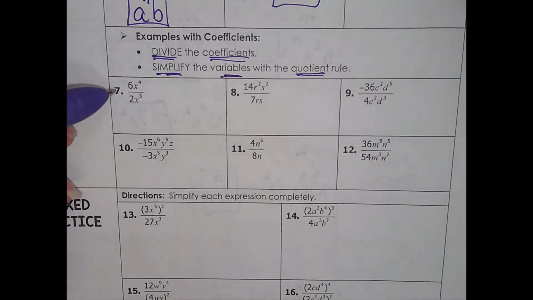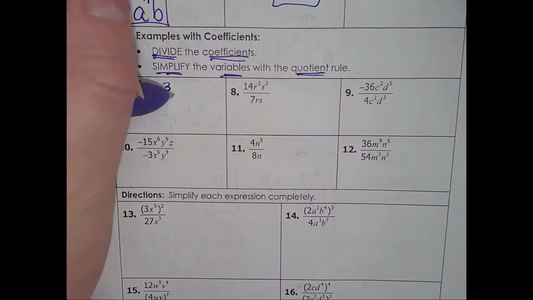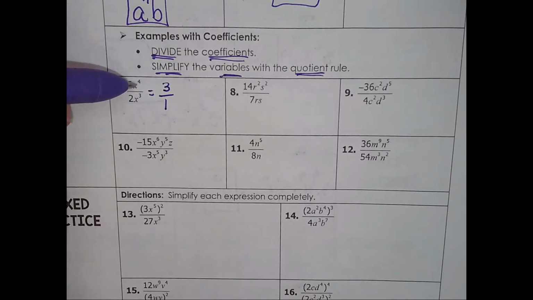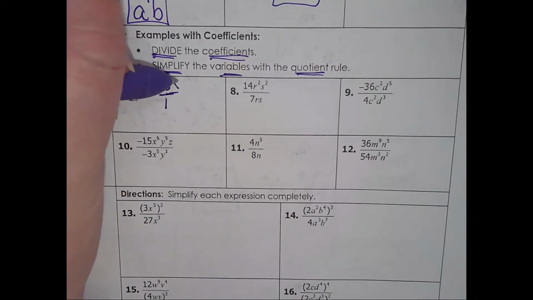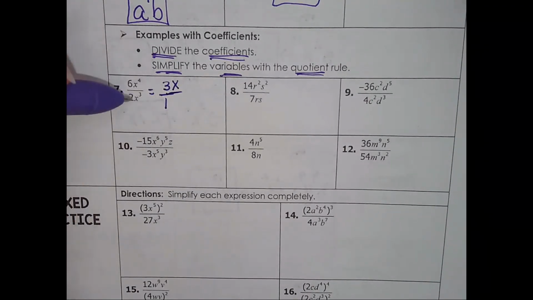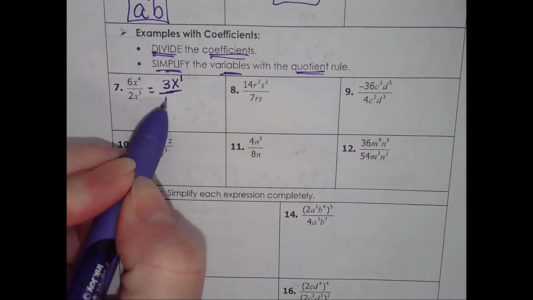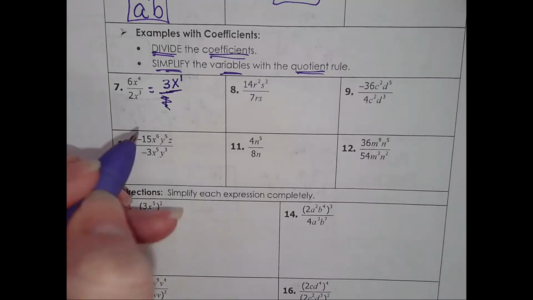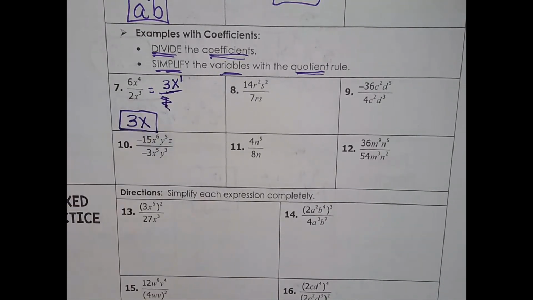Like for number 7, 6 over 2 reduces to 3 over 1. X to the 4th over x cubed, subtract them. Whenever you subtract and you have a fraction with numbers, it goes back up top. 4 minus 3 is x to the 1st. If there's a 1 on bottom, you don't have to write it. So just 3x is totally fine.